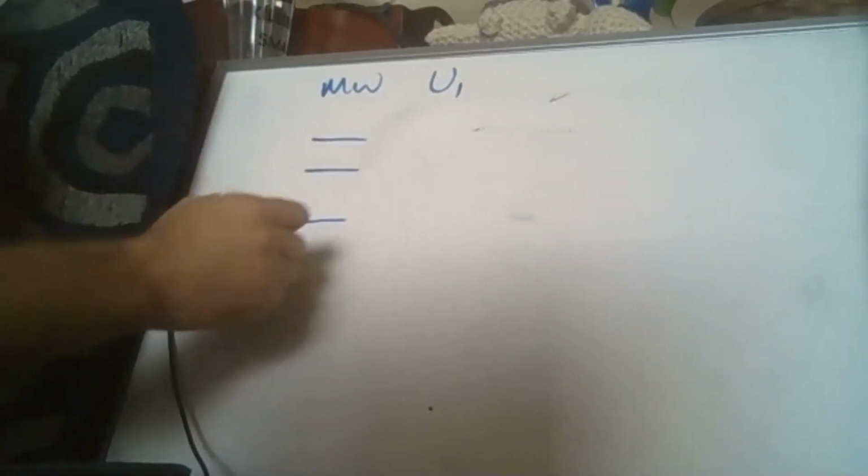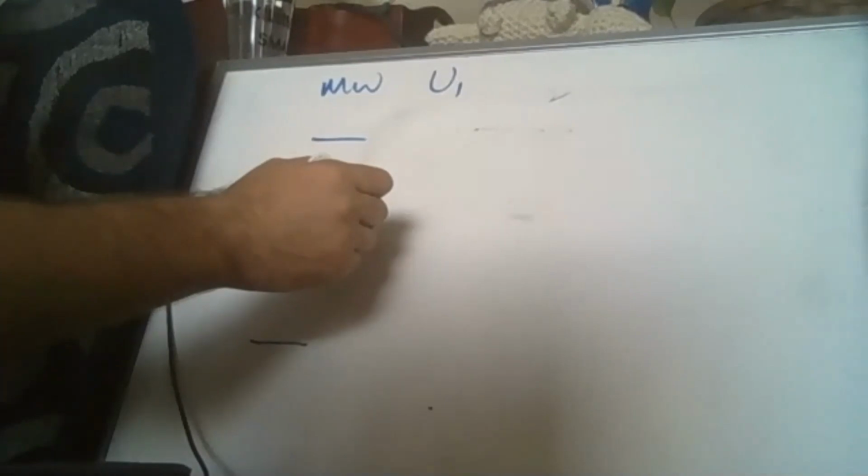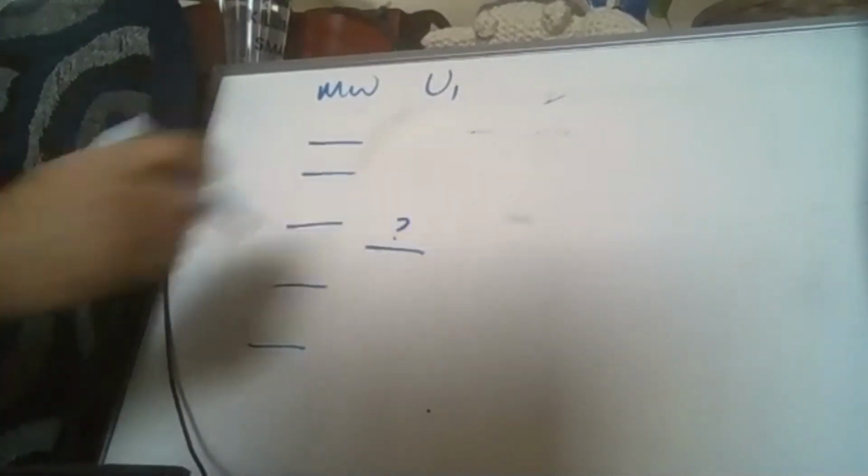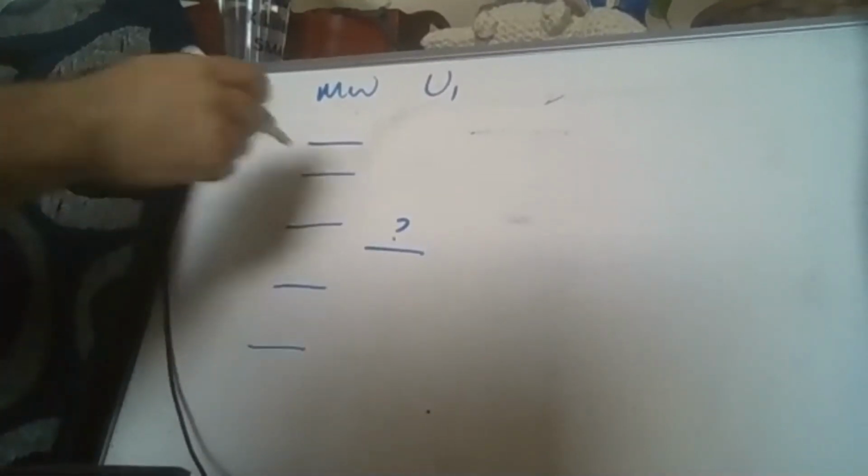So if you have a gel where your molecular weight marker and your unknown 1, let's say, looks something like this, right? And this is the question mark. And you know what this is.